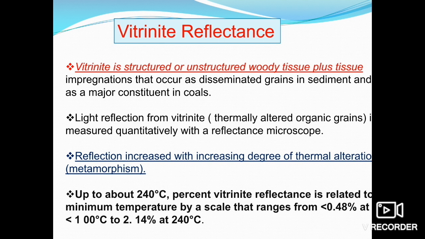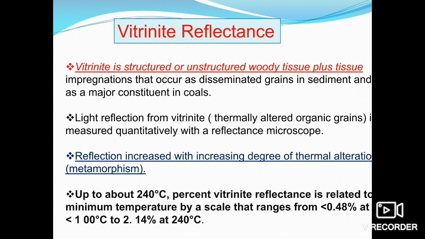Light reflection from the vitrinite, a thermally altered organic grain, is measured quantitatively with a reflectance microscope. The reflection increases with the increasing degree of thermal alteration or metamorphism.